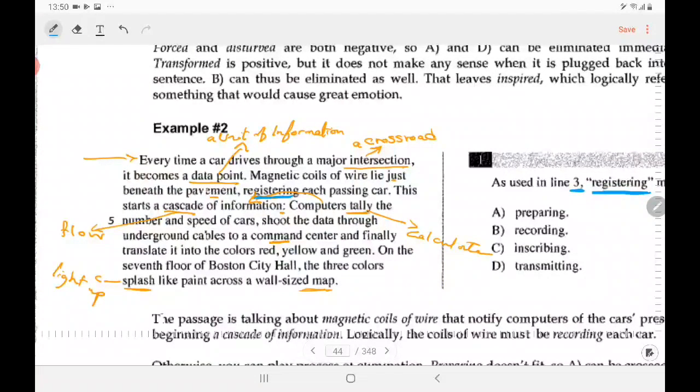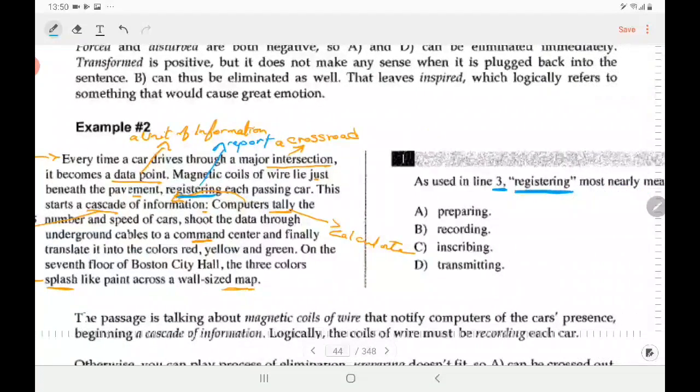This is the word. Registering each passing car. Okay, so magnetic coils of wire just beneath the pavement to report, to monitor, to check, to send information. So we can say here to report. Let's put our own word, report. Okay. Report information about each passing car or collect information. This is we plugged in our word.